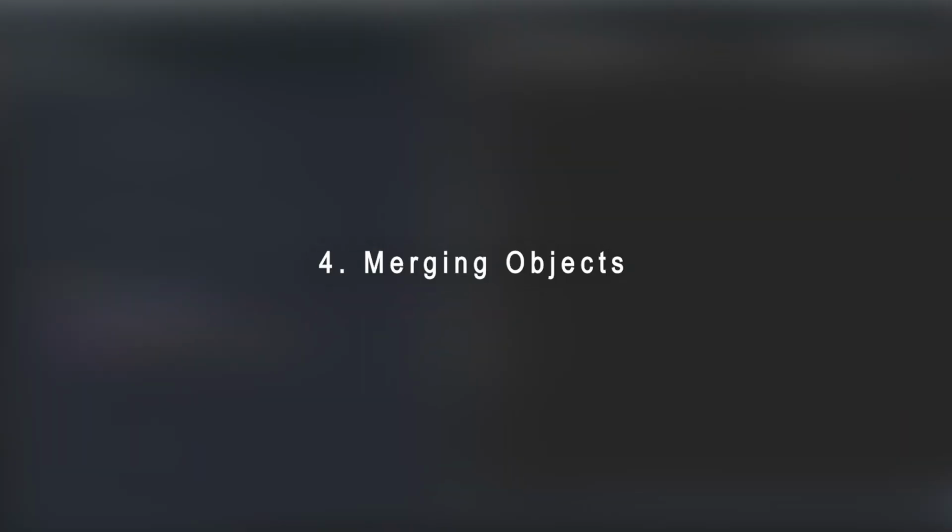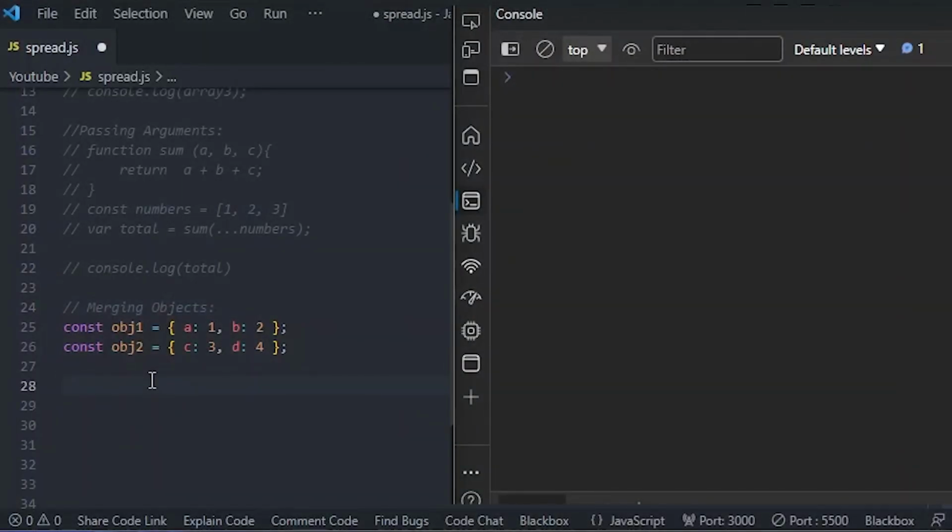Fourth example is merging objects. When we have two objects, we need to merge them into one object. We can do it with the spread operator. Let me create one object, obj3, open the curly braces and use the spread operator for obj1 and obj2. That's it.